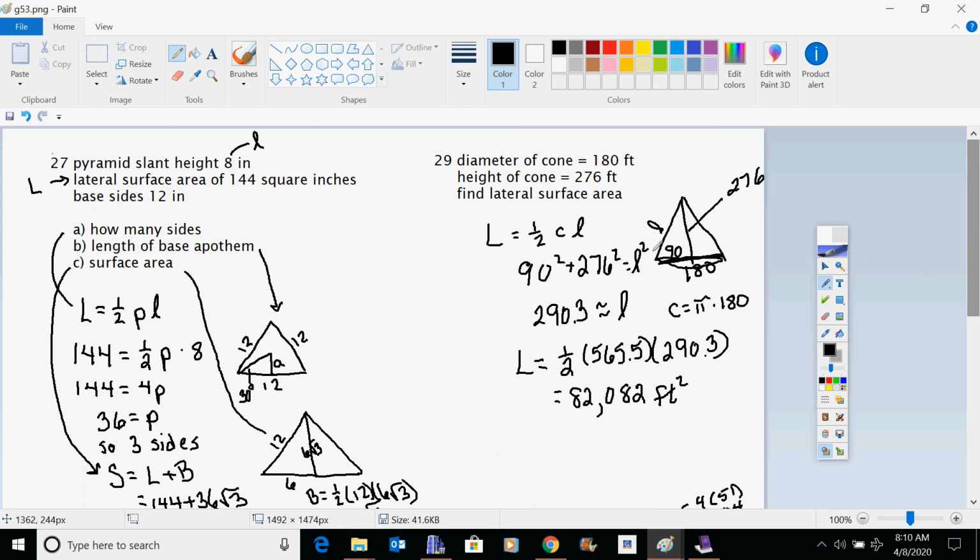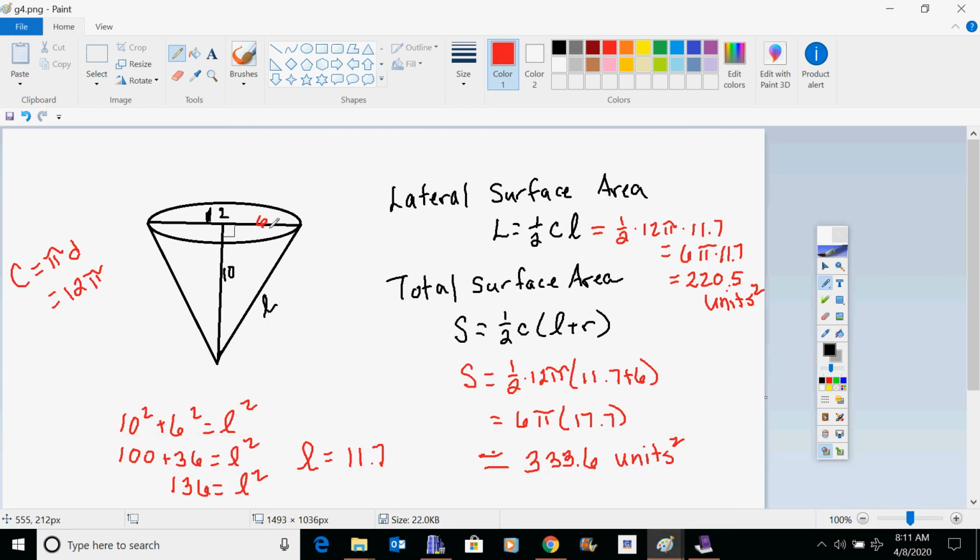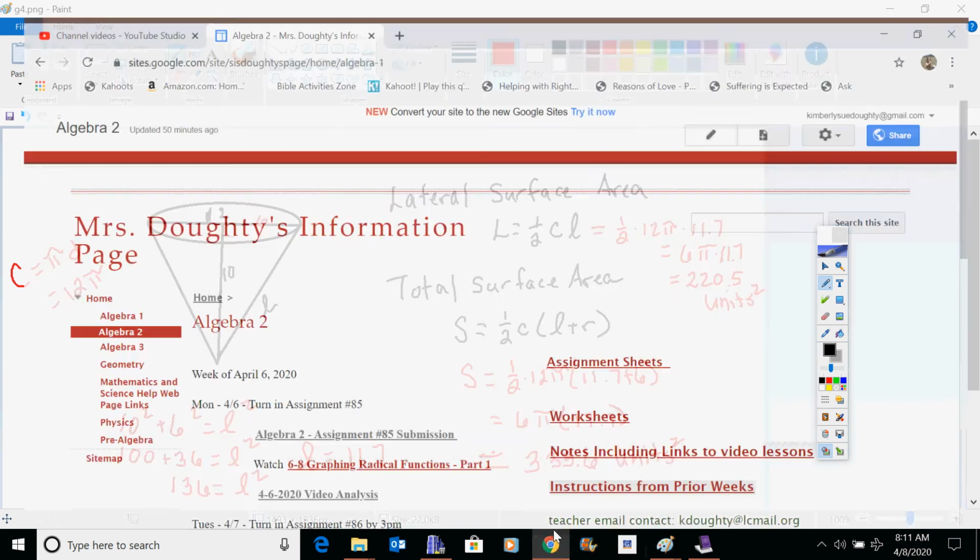Number 29 gives you the diameter of the cone, the height of the cone, and asks you to find the lateral surface area. Wait a minute, diameter of cone, height of cone, asked to find the lateral surface area. Really, this question?